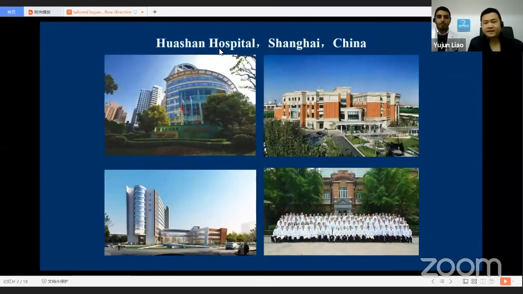Yes. Firstly, a short introduction of ourselves. This is where we are from. We have 3 campuses in our hospital, and we come from a huge family. We have about 150 neurosurgeons in one single department, and we are from Shanghai, China.